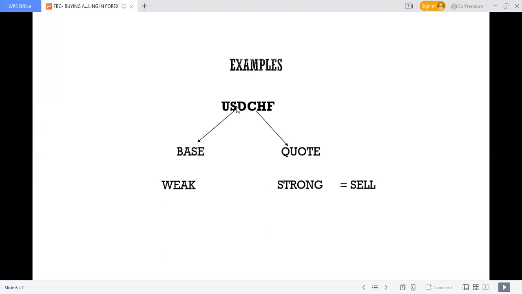If the base currency, which is the USD, is the one that is strong, and the CHF is weak, what am I going to do? I will buy, right? So these are what we do in the market to help us trade better. So this is what it involves, buying and selling. The heart of trading is simply buying and selling.